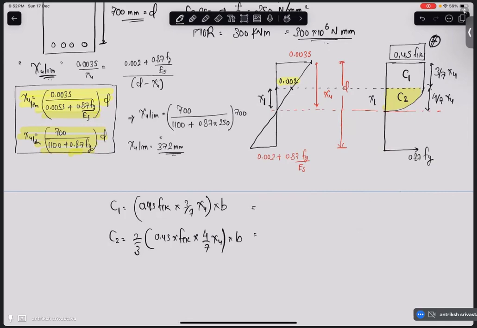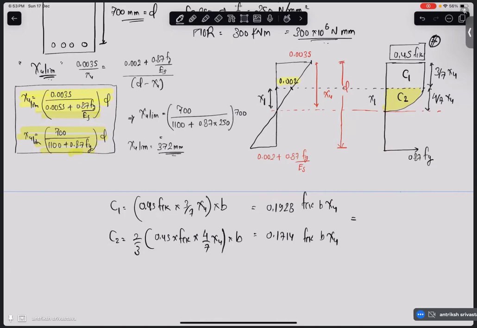If we want to simplify this, C1 is 0.1928 fck b xu, and 2 by 3 into 0.45 into 4 by 7 gives 0.1714 fck b xu.